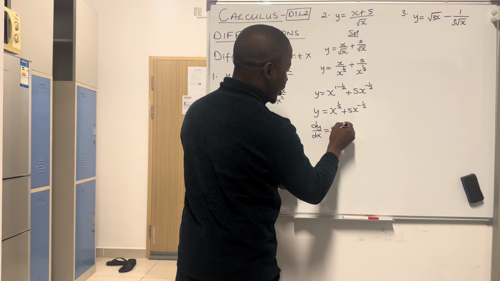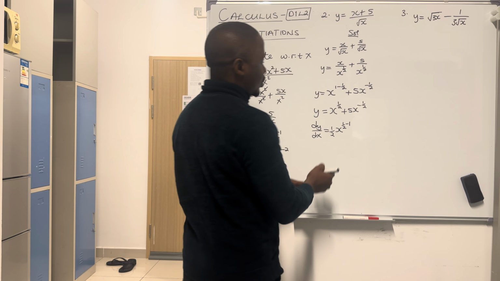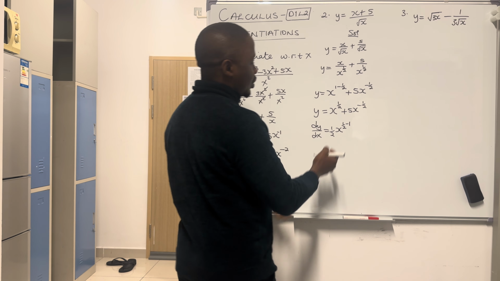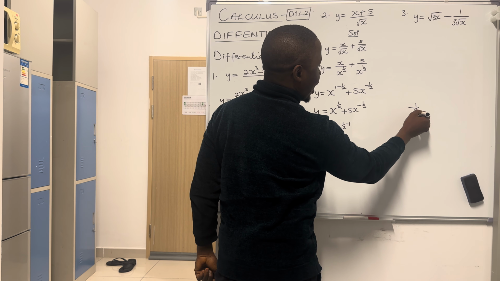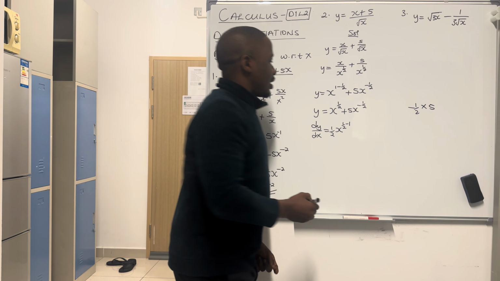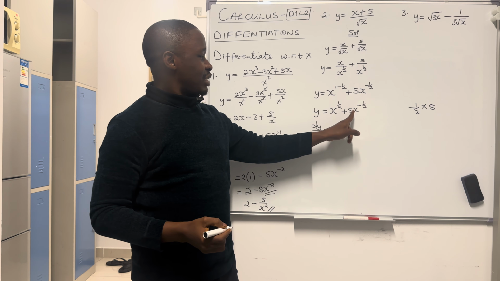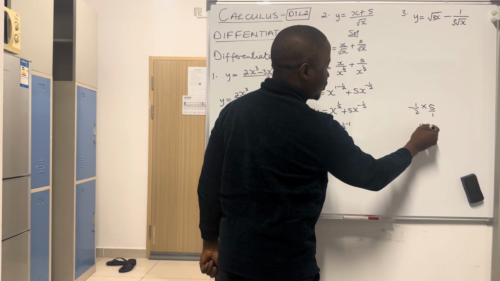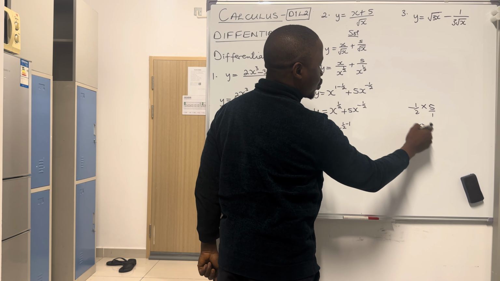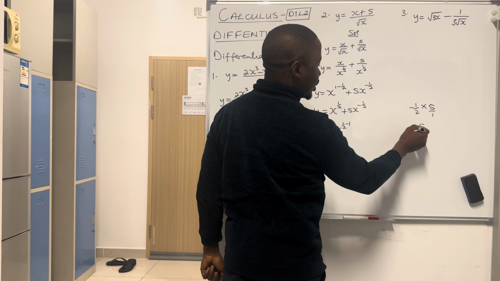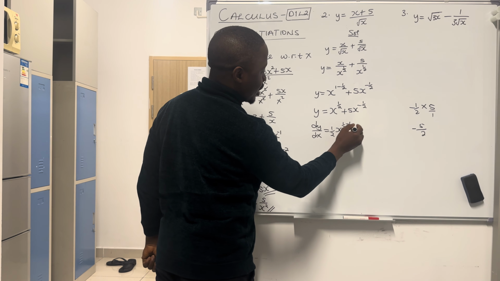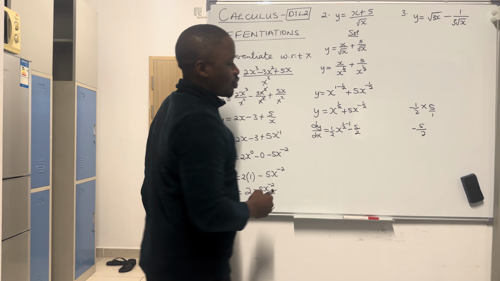So again, the power times the coefficient: minus half times 5. What do we do? 1 times 5 is 5, 2 times 1 is 2, minus times plus is minus. So minus 5 over 2.